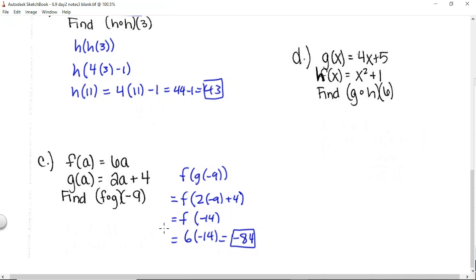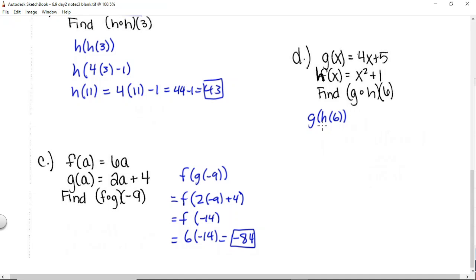Okay, one more. This is example D. We have g of x and we have h of x, and we're asked to find g of h of 6. So we write it like this, g of h of 6.